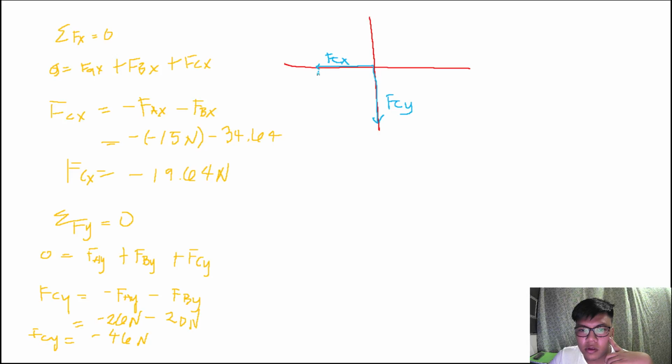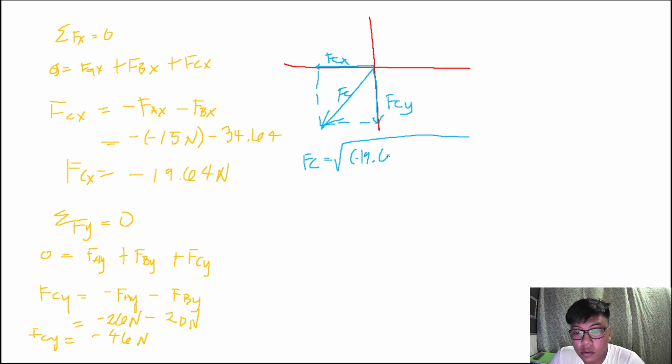So basically, ito yung F sub C. This is your F sub C. Okay, so let's get the F sub C. So we are going to get F sub CX squared. So we have negative 19.64 squared plus negative 46 squared. Okay, so that will be approximately equal to 50 Newton F sub C.